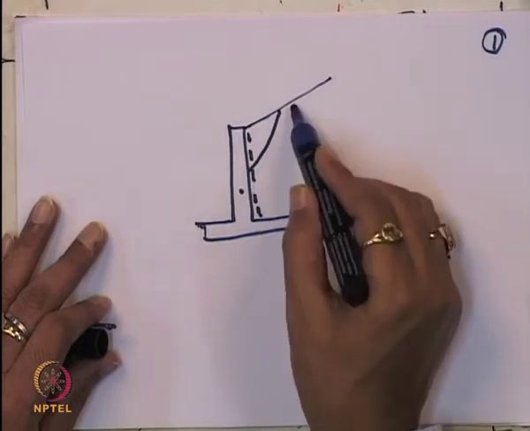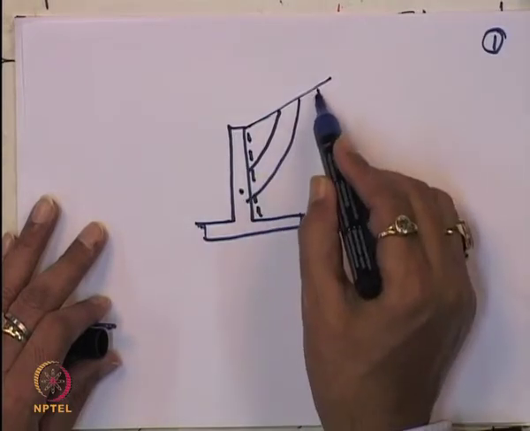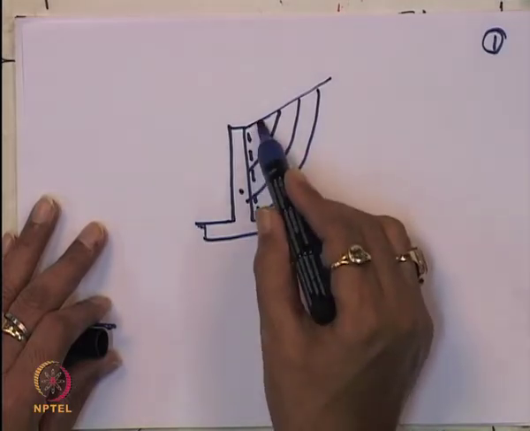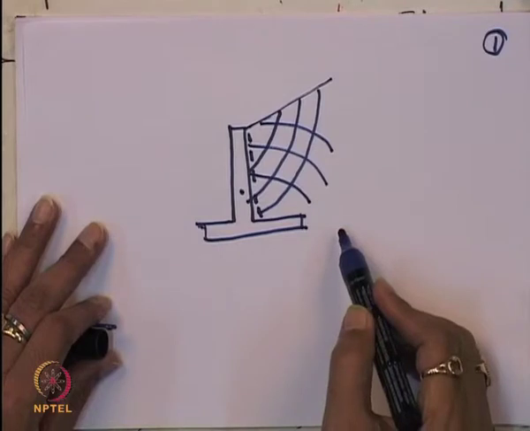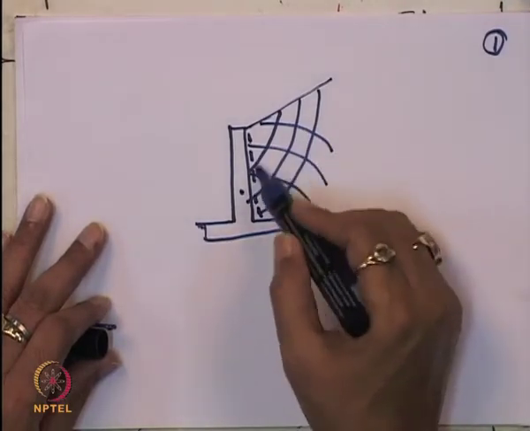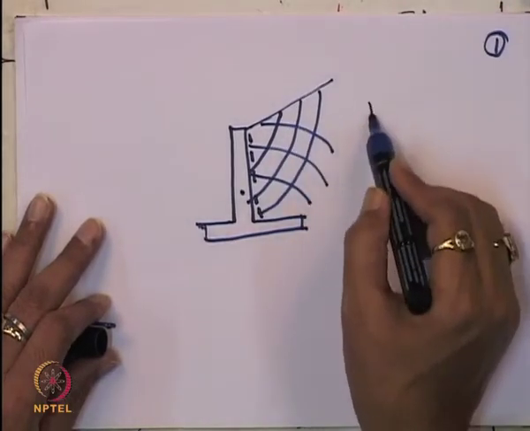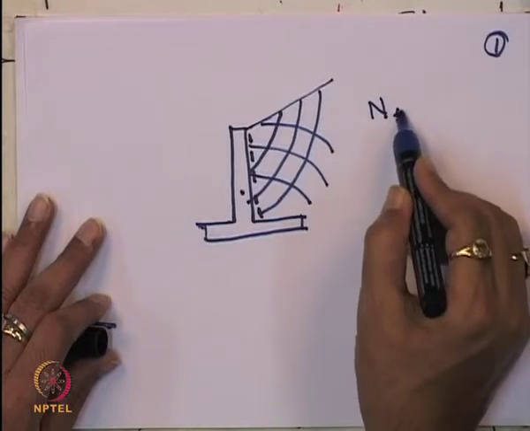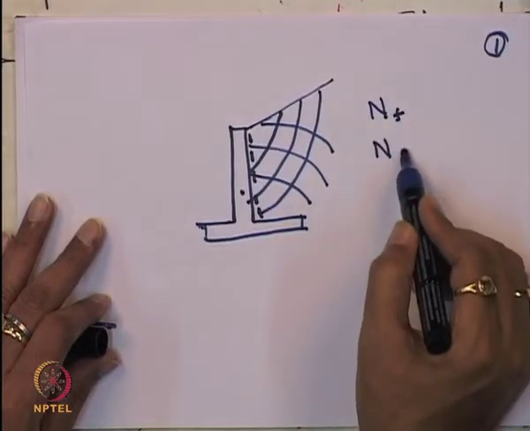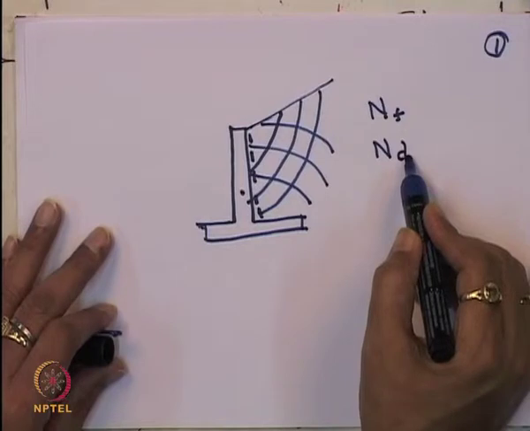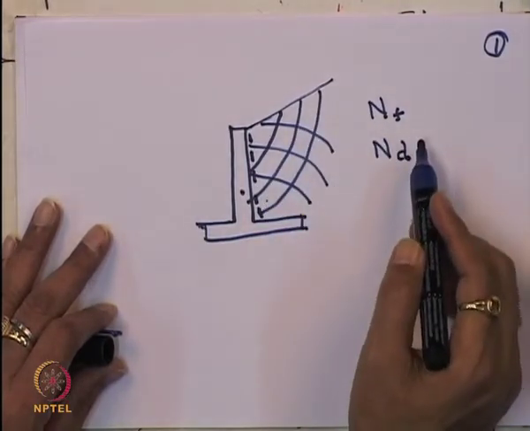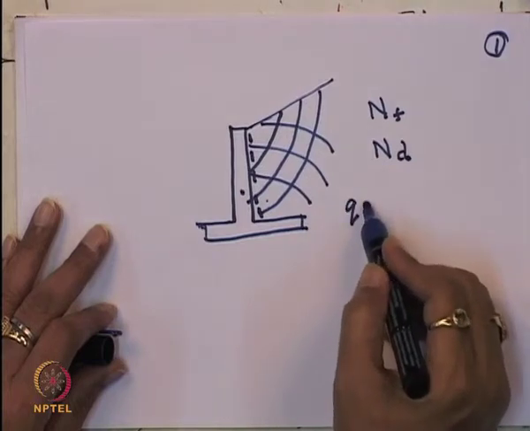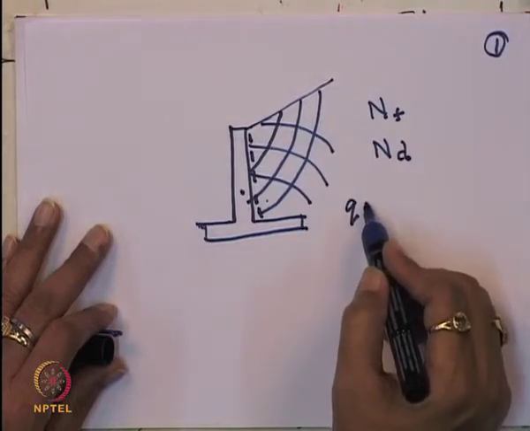So, you can draw the flow lines and the equipotential lines. Then you can count the number of flow lines and the number of equipotential lines, and from these you can calculate the Q value.